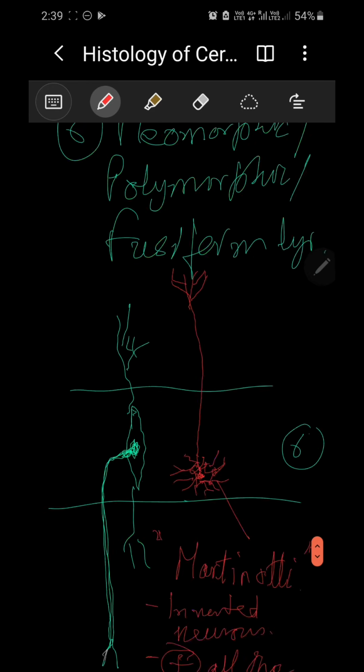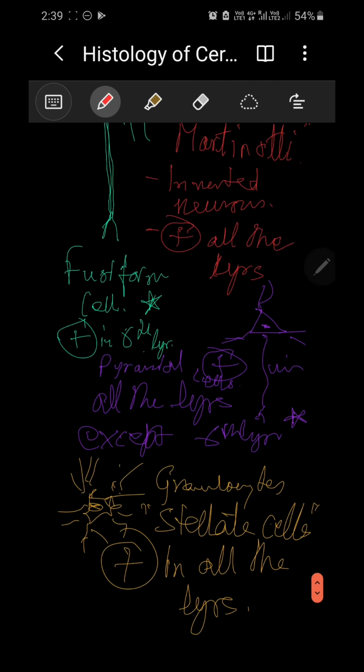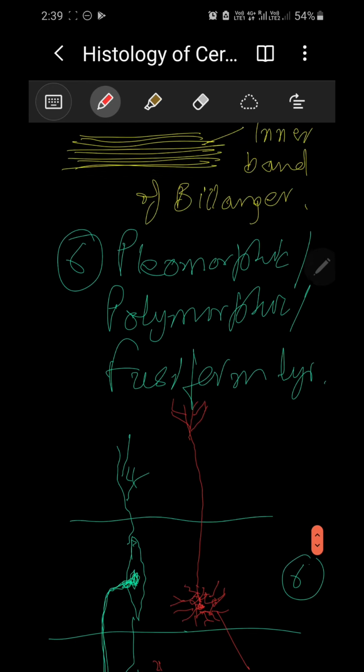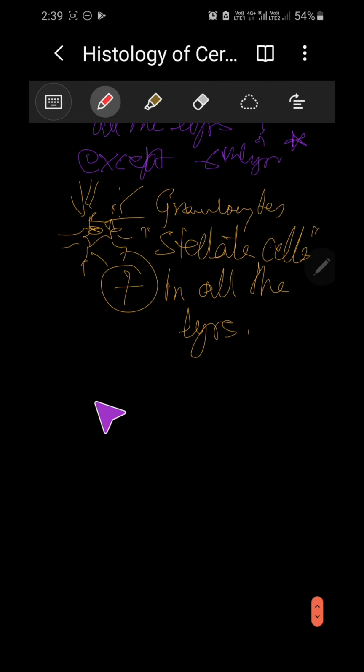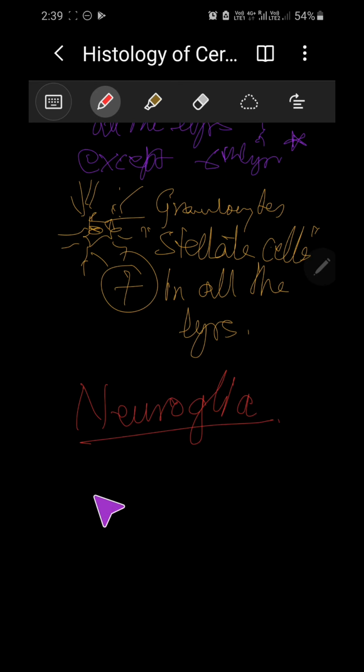This was the sixth layer, and now about the neuroglia present in the gray matter. One thing will be oligodendrocytes.